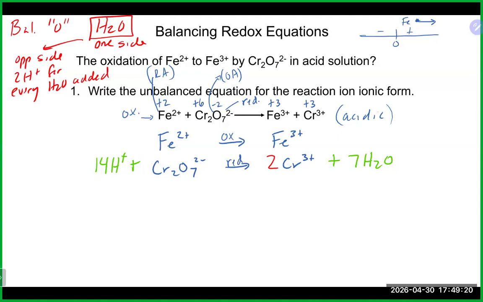Now what we're going to do is balance out the charge, the overall charge on each side of the arrow. We're going to use electrons to do that. So they're negatively charged, so we need to put the electrons on whichever side is going to help us balance out the charge. The charge on each side of the arrow does not need to be 0. They just need to equal the same number on each side.